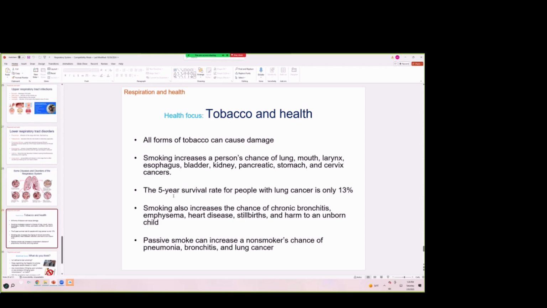When people have lung cancer, I said the survival rate is only about 13%. When you smoke, it increases chances of emphysema, bronchitis, and all of this. The worst part, if you are pregnant and you're smoking, it can affect your developing baby. Smoking is one of the things that there has been no advantage to.